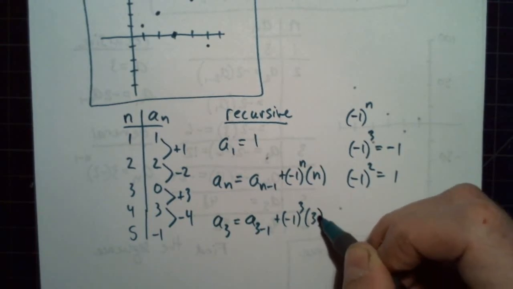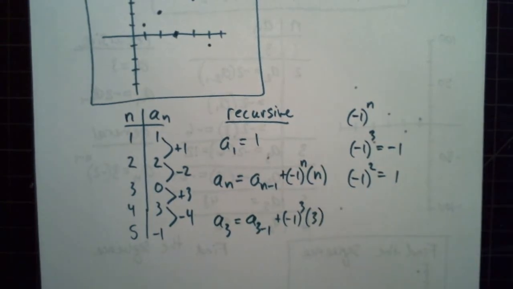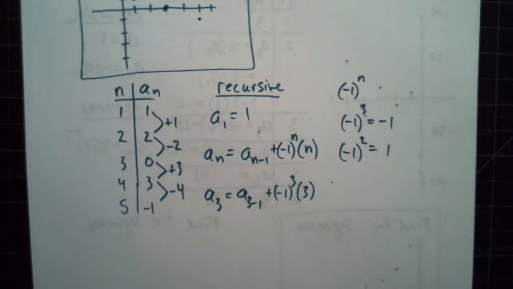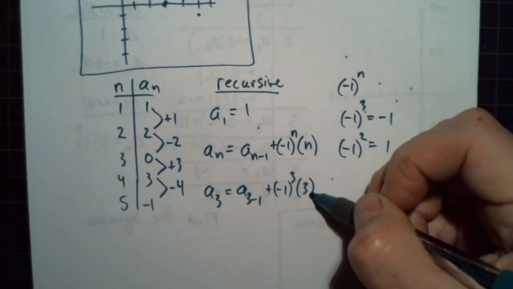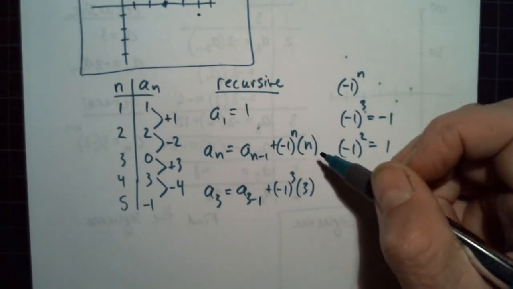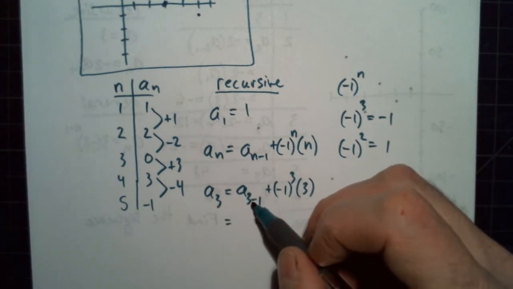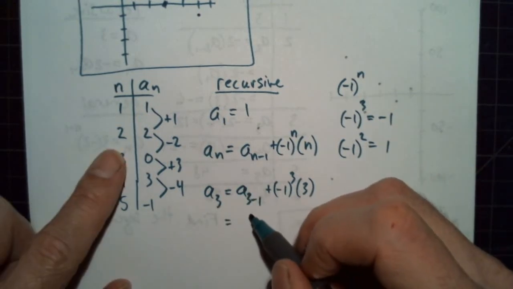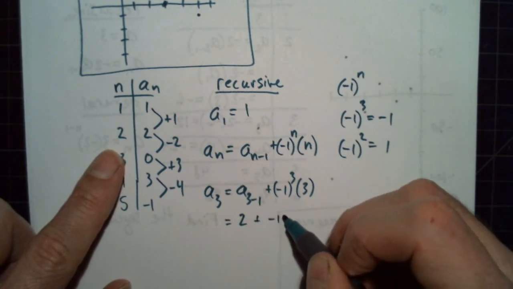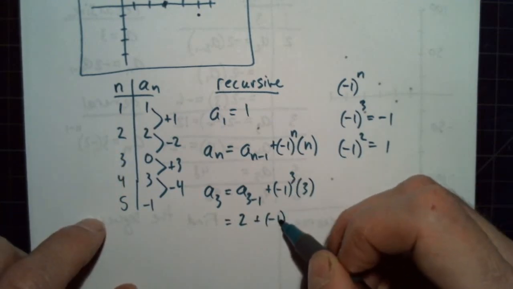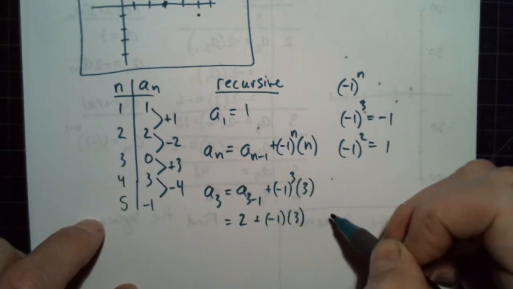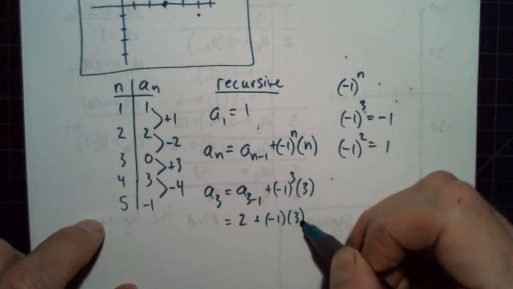I think that's wrong. We need to change that. And this is how we write down what we think it is, and then we test it and modify. So here A3 is going to be A2 plus negative 1, because negative 1 to the third is negative 1, times 3. So that's not going to work.